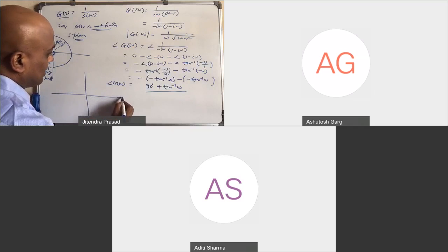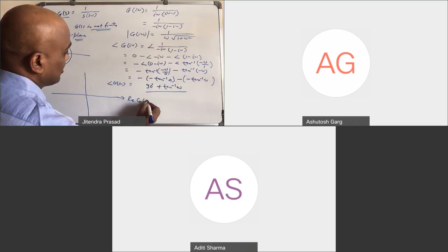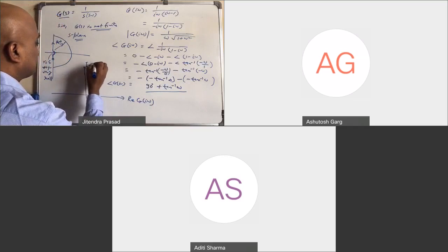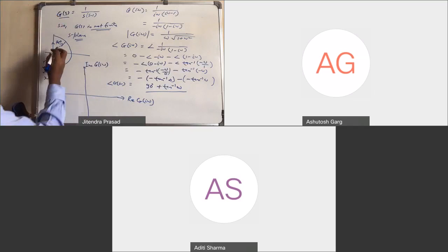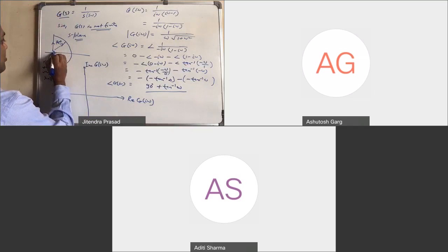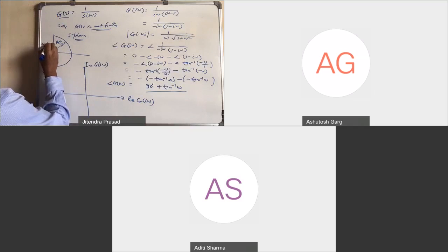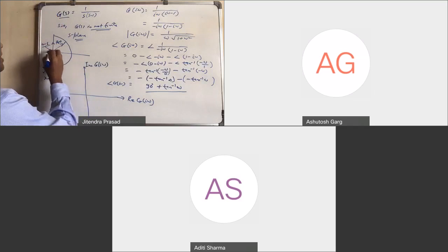Here we have real of g(i omega), and this is imaginary of g(i omega). And we start from somewhere. Of course at 0 we cannot do it. We can start from here, where we have omega equal to epsilon.